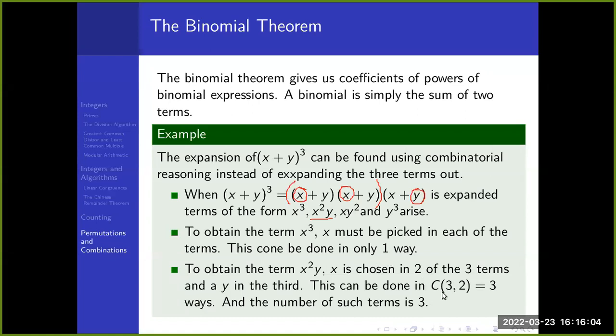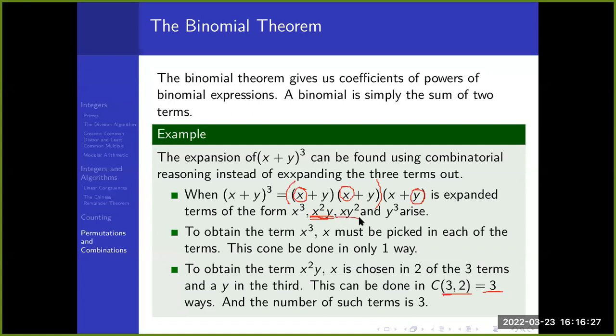The number of ways I can do that is 3 combination 2. I have 3 factors, and for me to get an x squared, I need to pick 2. I can do that in 3 combination 2 ways, which is equal to 3. So the coefficient of x squared y will simply be 3.